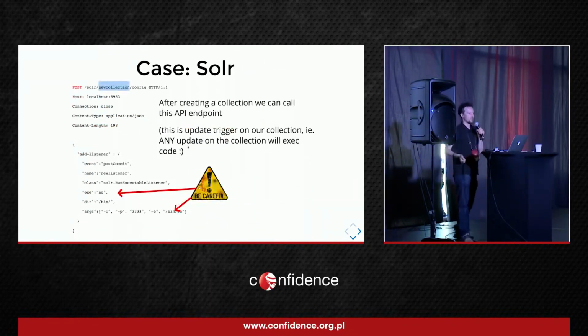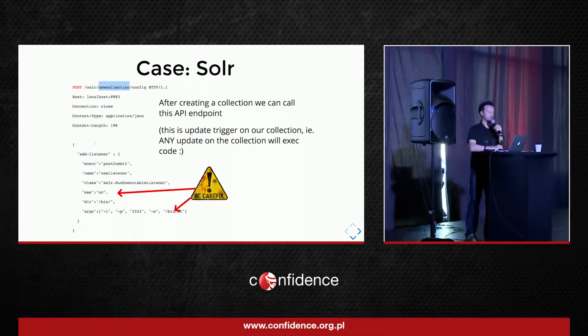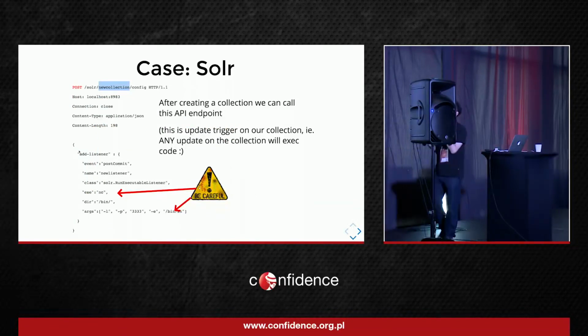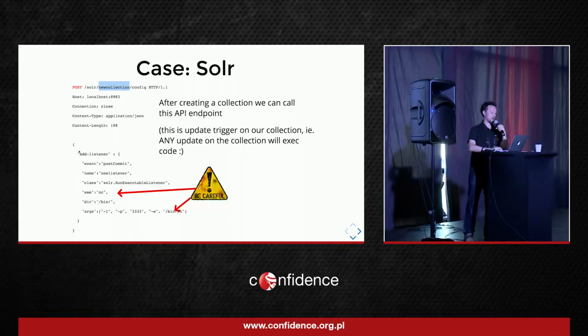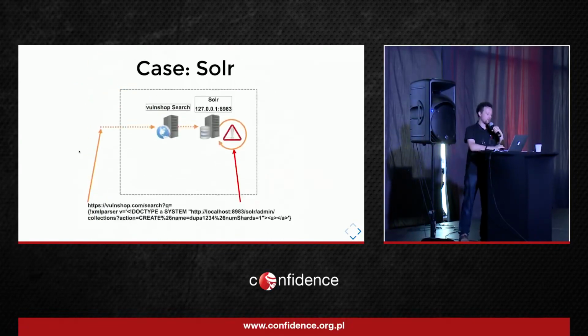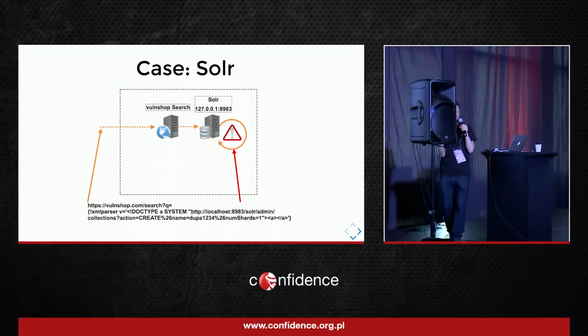And the second problem is that we can theoretically call this API function or endpoint using XXE. It can be called from localhost. When it's called from localhost, it doesn't require any authentication. But as you maybe know, our XXE requests are GET requests. So this is only GET requests. How to convert this GET to POST?